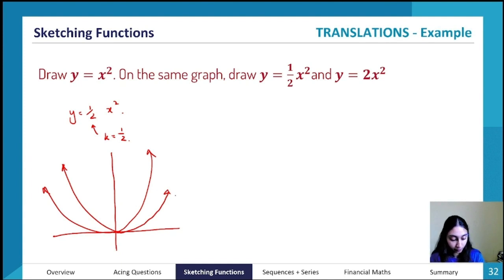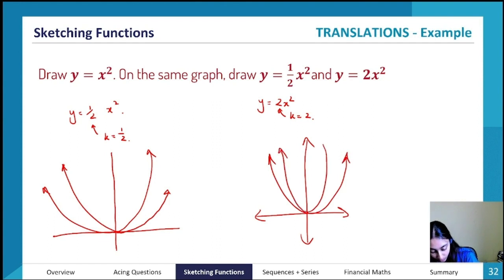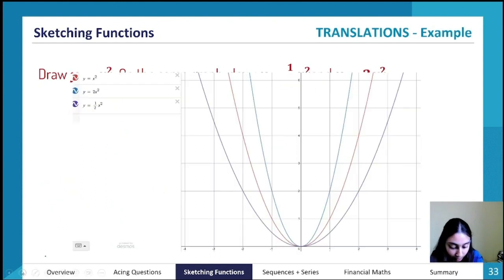Now let's do y is equal to 2x squared. My k value is equal to 2. So if my curve looks like this, my new transformed graph will look like this. So we have my original function and my new function. And then drawing it on a graph because it looks a bit nicer.